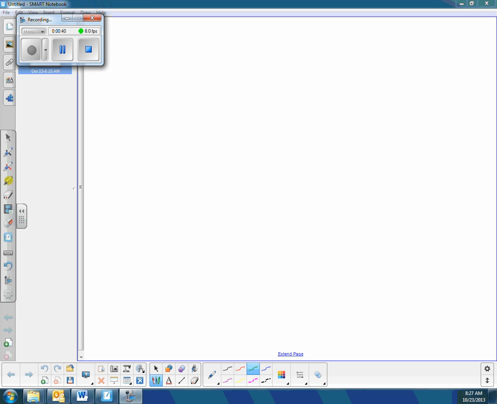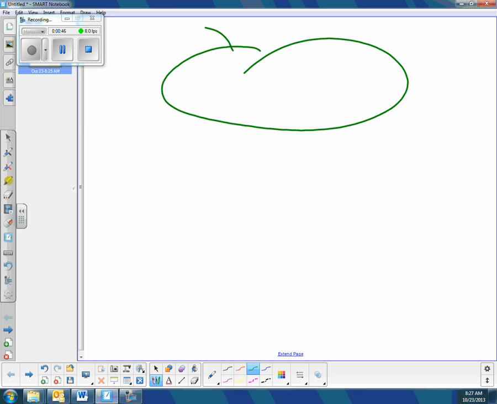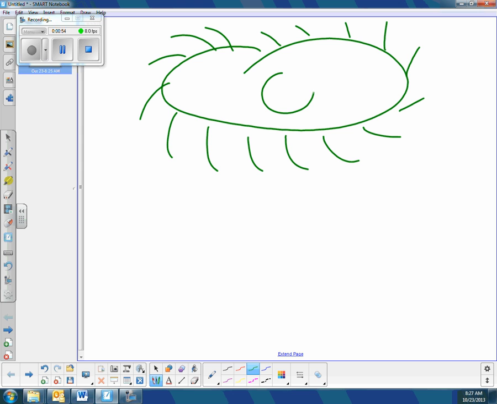Now, the first one I want to talk about, I just love this little guy. And he looks something like this. He also has a nucleus. This is his nucleus. These little hair-like structures, these are how he moves.